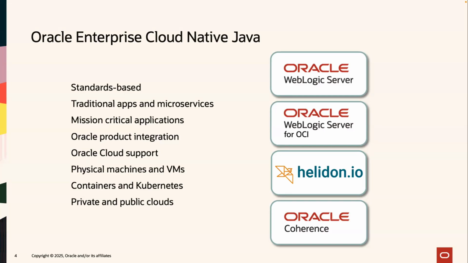WebLogic has been proven in production for many years. It is an important strategic product for many Oracle applications that have been built on WebLogic, and we're continuing to enhance it going forward. Our product line also includes WebLogic Server for OCI.